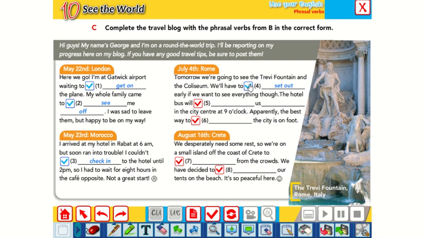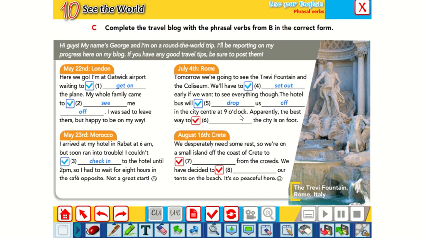The hotel bus will what? Excellent. The hotel bus will drop us off. Drop us off in the city center at 9 o'clock.